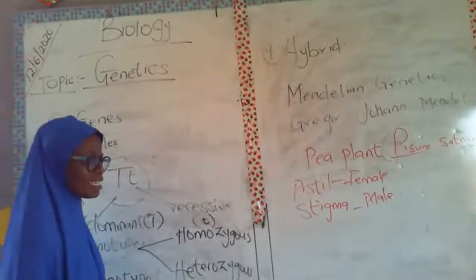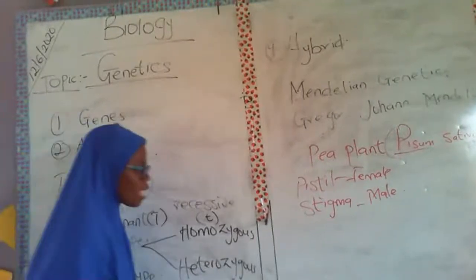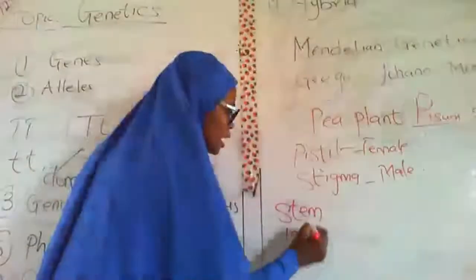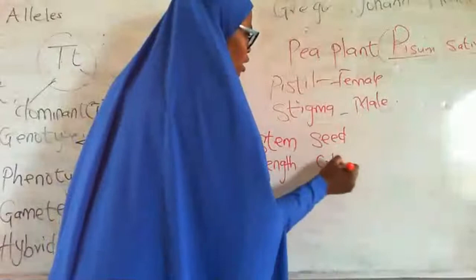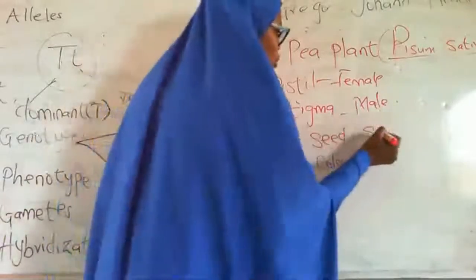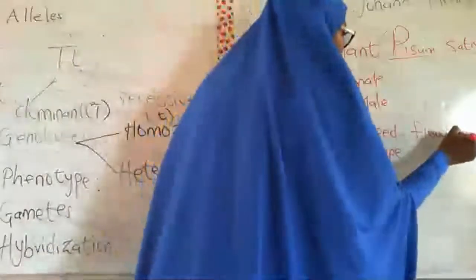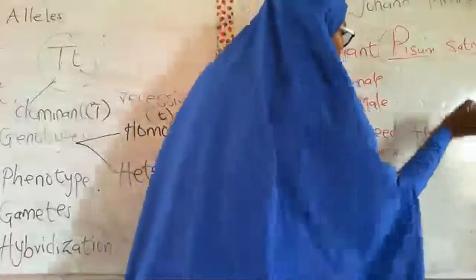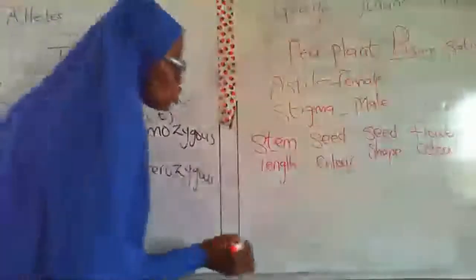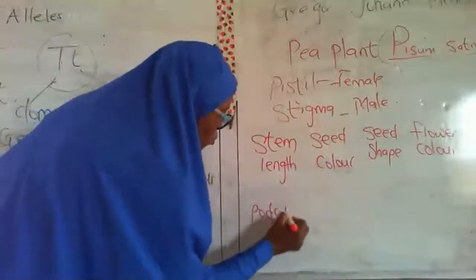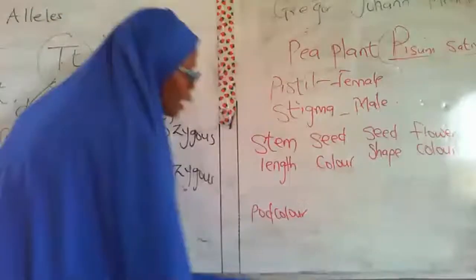In the pea plant, he looked at the character of the stem length, the seed color, the seed shape, also the flower color, then the pod color, then the pod shape.